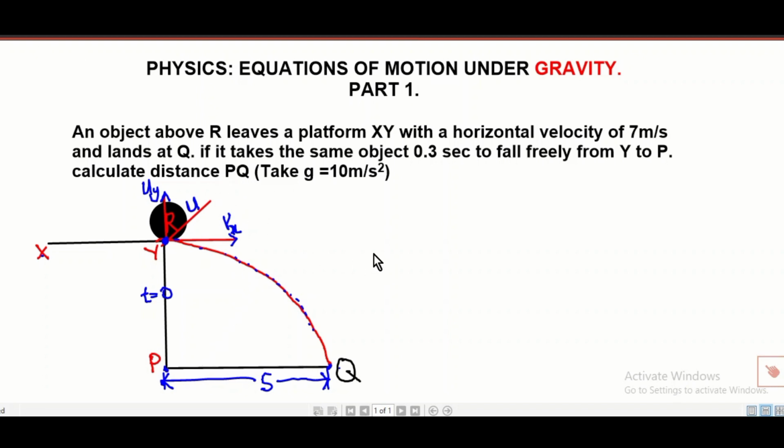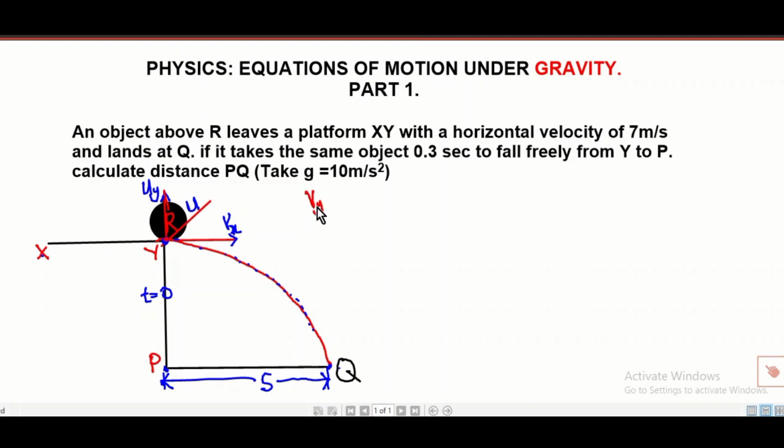If you look at this question, it has a horizontal velocity. So, like I always say, there are 3 kinds of velocities: the one we call the vertical component, the one we call the horizontal component, and the one we call the resultant speed. But the issue is that the body was not thrown vertically upward.